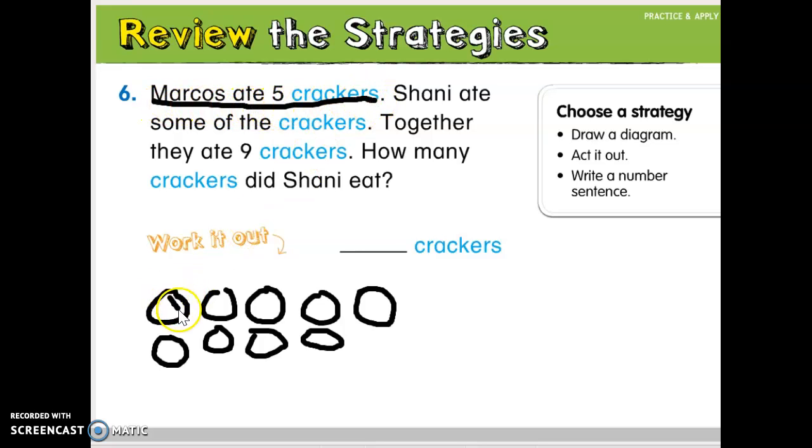So here's the 5 crackers that Marcos ate. Now, Shani ate some of those crackers, but together they ate 9 crackers. So here's our 9 crackers all together. How many did Shani eat? So we know Marcos ate the top half. And how many do we have here? We have 4.